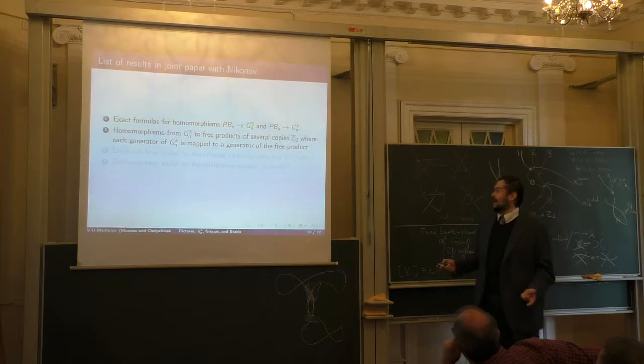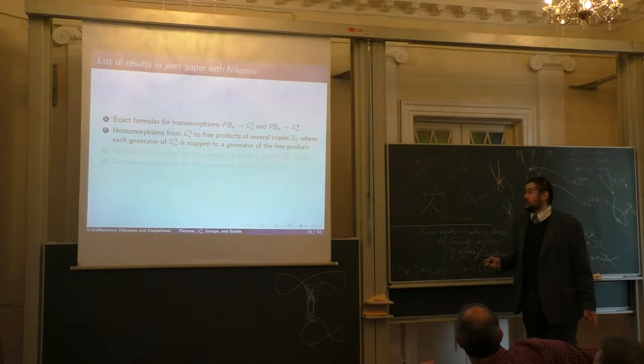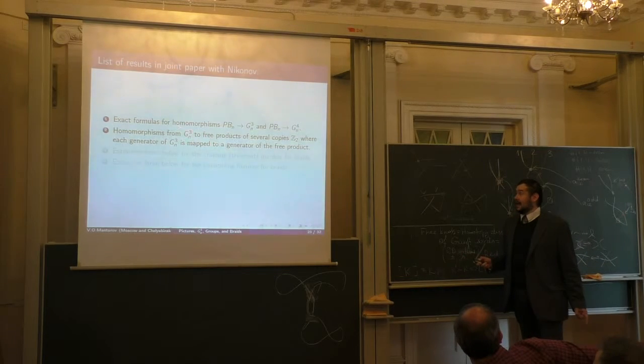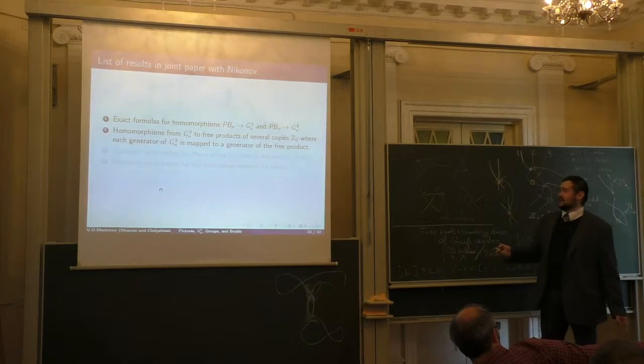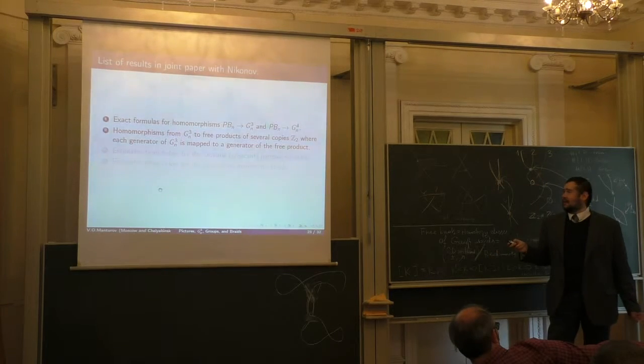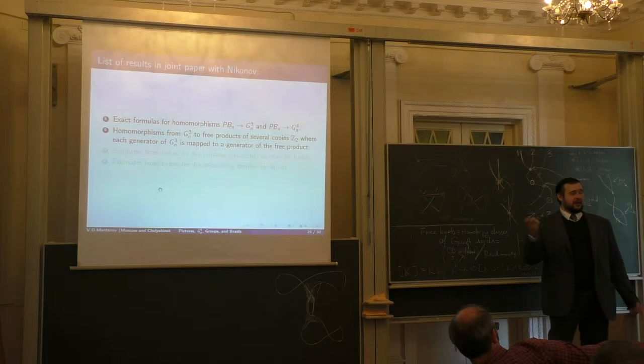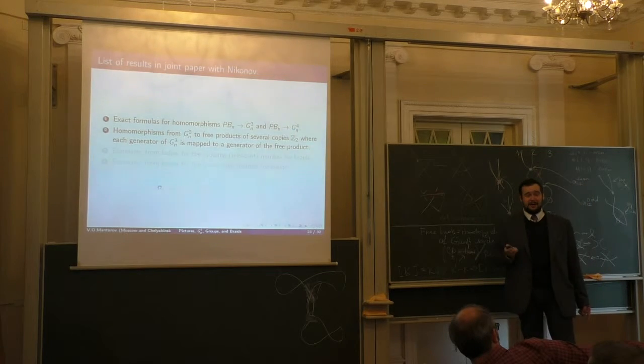And if I have, for example, my group GN3, then I can get a homomorphism from that to some free product of several copies of Z2. And each generator is mapped to a generator of that. And for the free group, the number of generators is obvious.